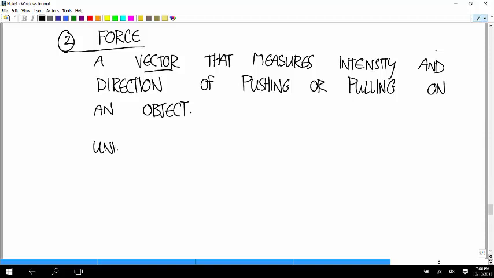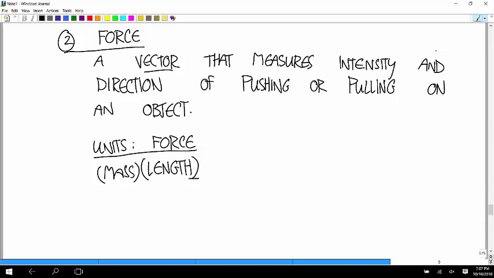The units of force are going to be units of mass times length divided by time squared. That's a crazy combination of units.